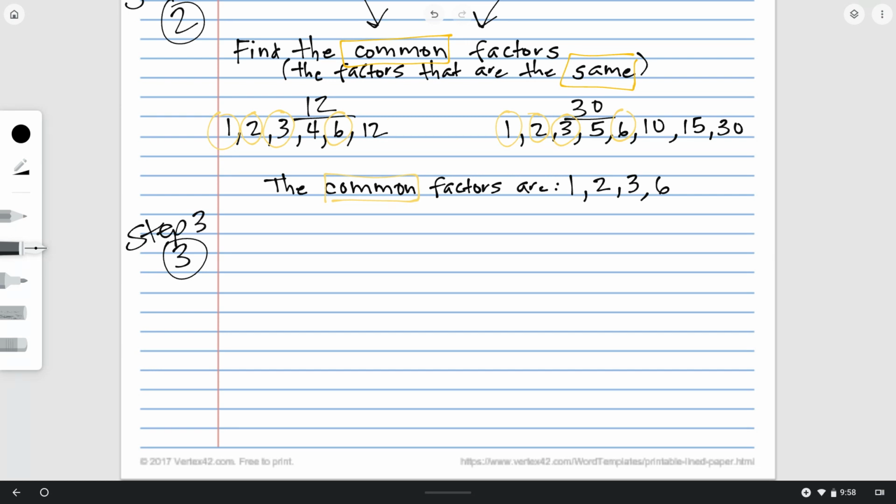You are going to figure out which common factor is the greatest.